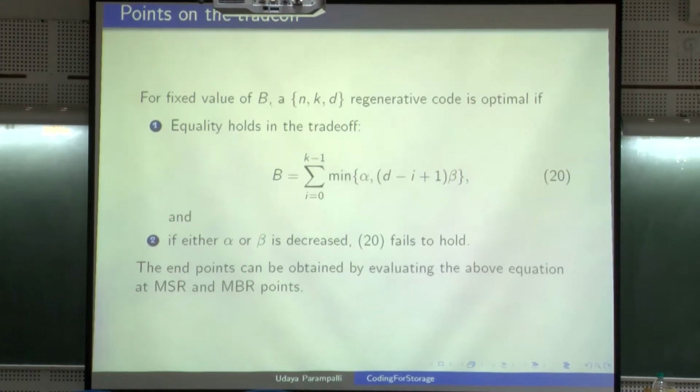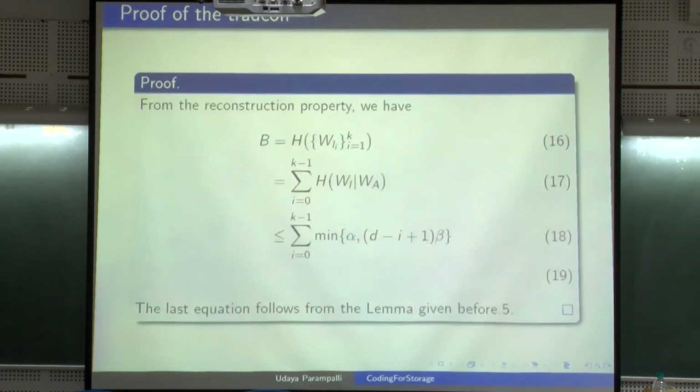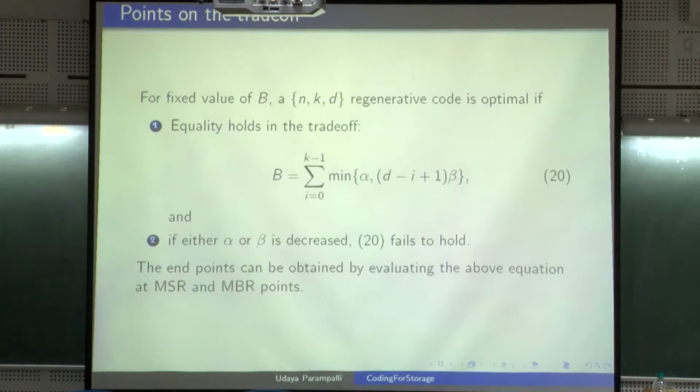No, i equal to 0 to k minus 1. Why i plus 1? What I'm saying is that which node I look at, that index doesn't matter. I'm only looking at repairing one by one. For each of them, the indices don't really matter, because it's only the size of those sets that participate in the repair.